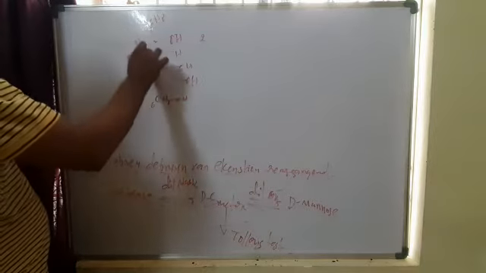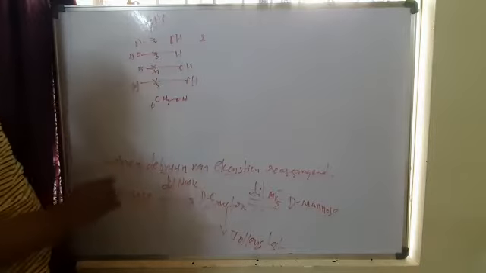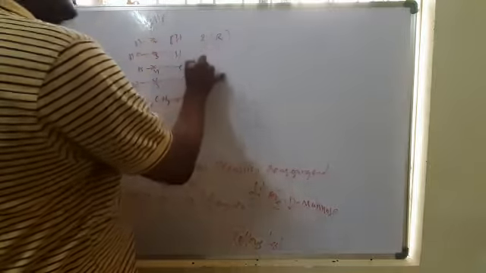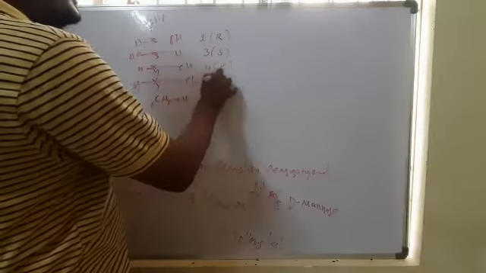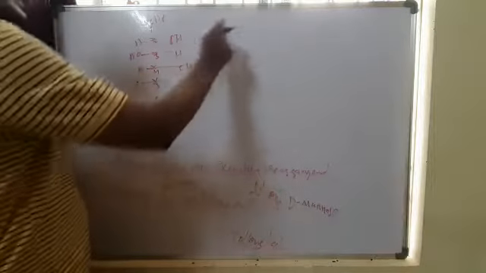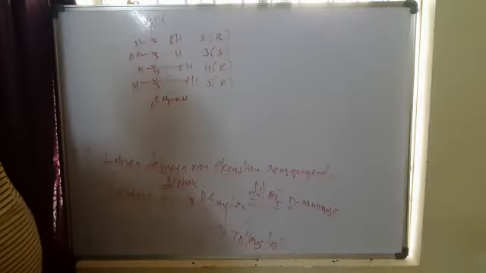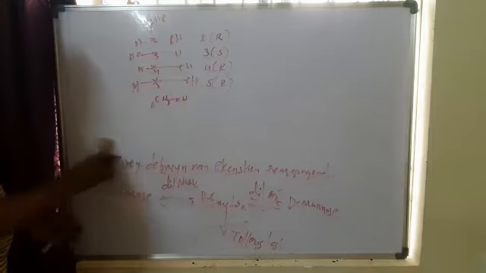There are 4 chiral centers: at position 2 the configuration is R, at 3 it is S, at 4 it is R, and at 5 it is R. So 2R, 3S, 4R, 5R. The glucose is an open chain structure.